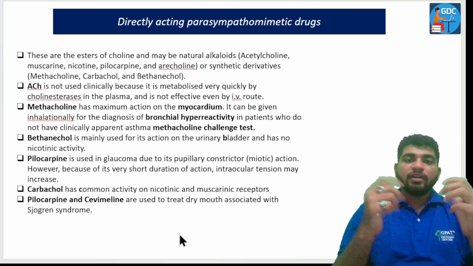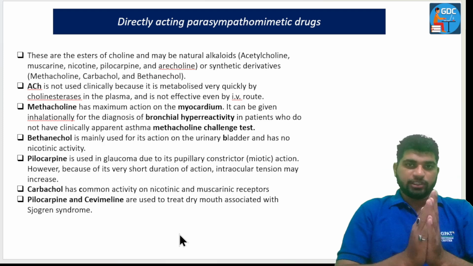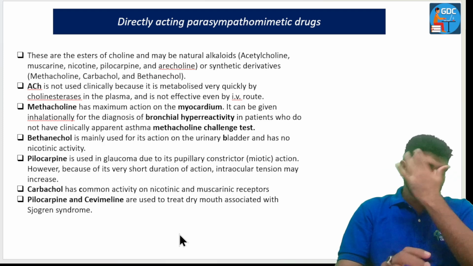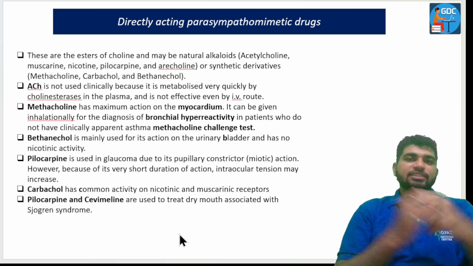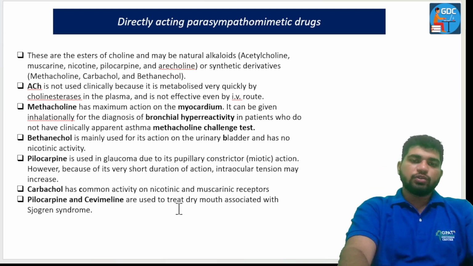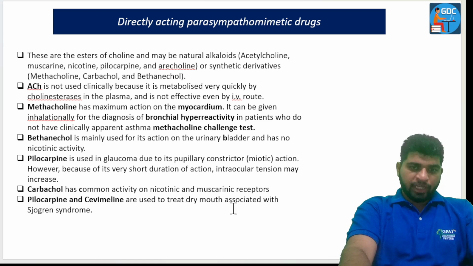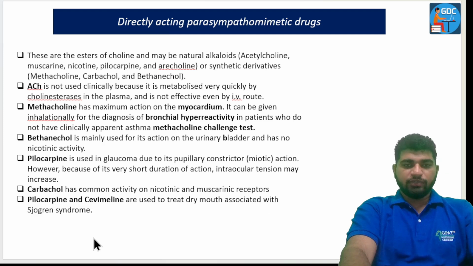But if you have dry mouth in an anticholinergic condition, what kind of drug should be given? These cholinergic types of drugs should be given. So pilocarpine and cevimeline are used to treat dry mouth associated with Sjogren syndrome. This is associated with radiation.